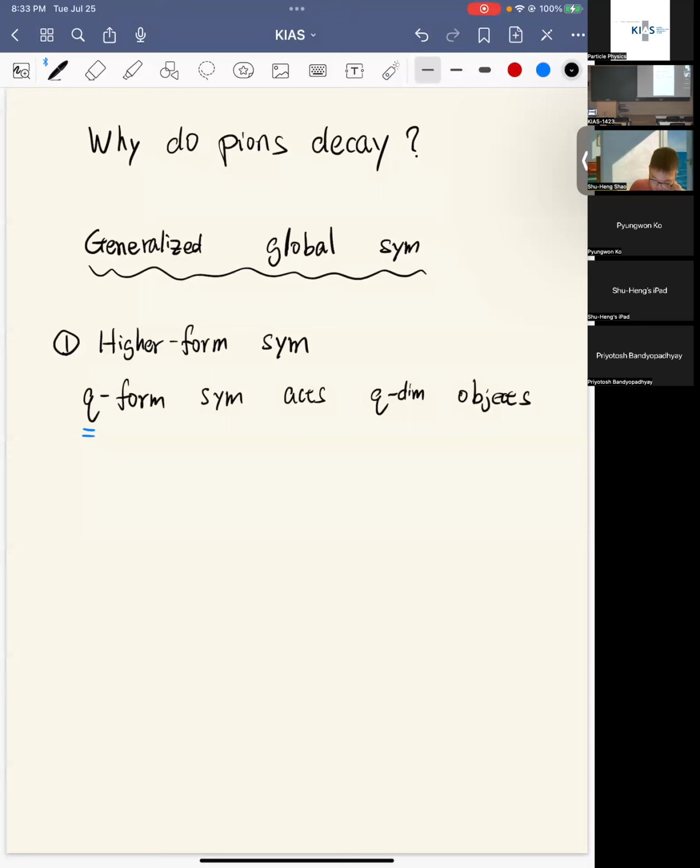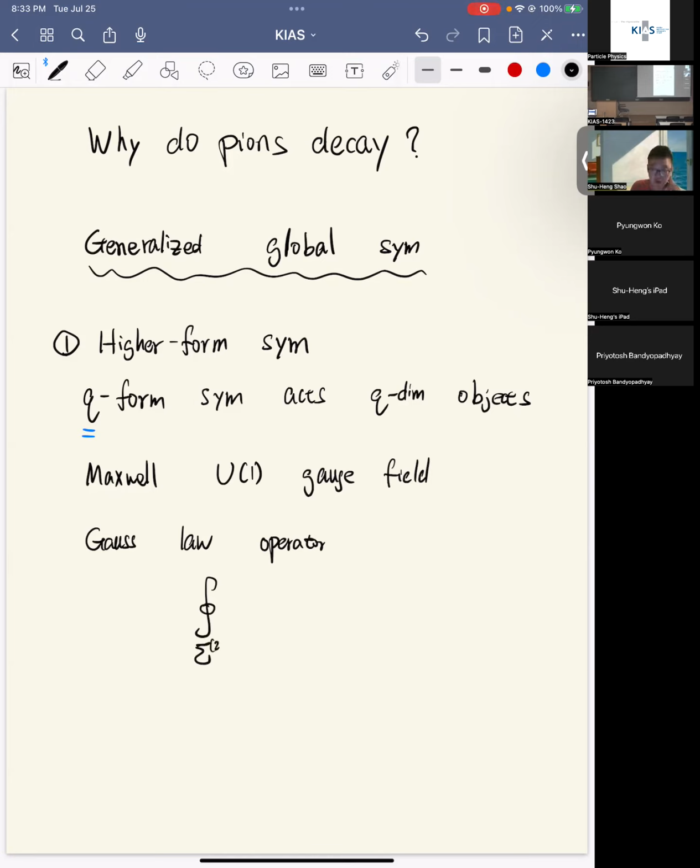So the simplest example is actually nothing fancy, but if you just consider the free Maxwell theory of a U(1) gauge field, no matter, one gauge field, then the Gauss law operator, which is an integral over some two surface, which can be a two sphere in your space, of the electric flux, is one such higher form symmetry.